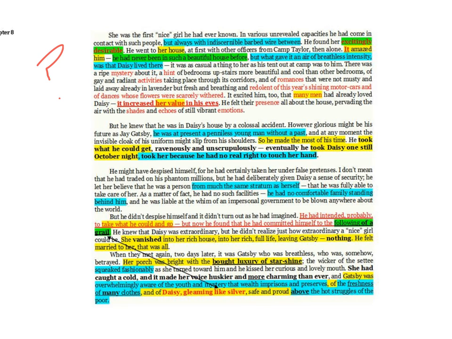And then we have Daisy, a sense of security. He let her believe that he was a person from much the same stratum, layers or levels, as herself. He had no comfortable family standing behind him. And then we get back with further blue comments here on lifestyle again. The wicker of the settee squeaked fashionably. So again, look at your nouns.